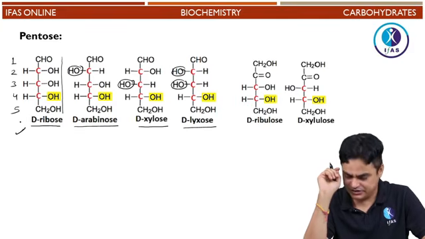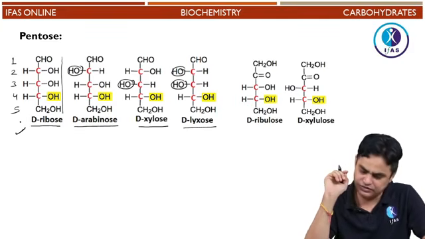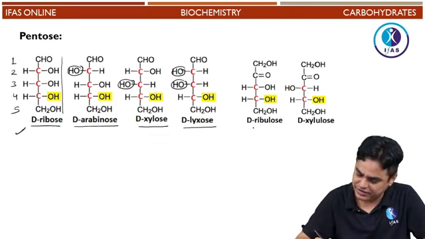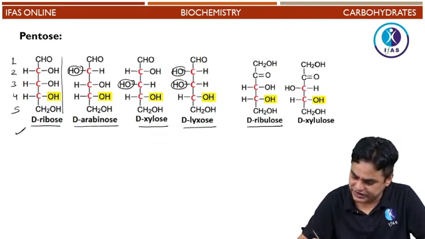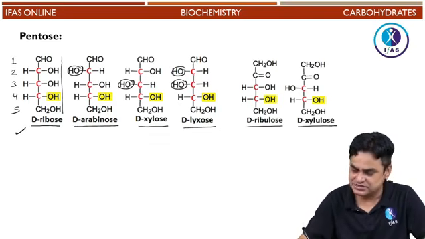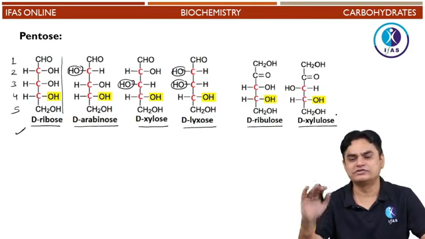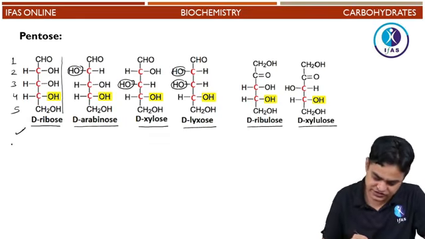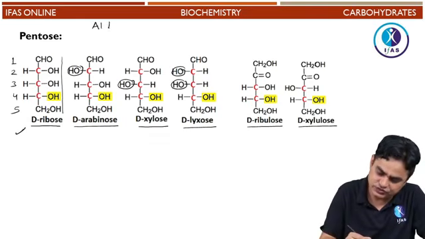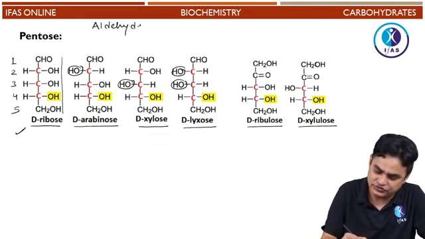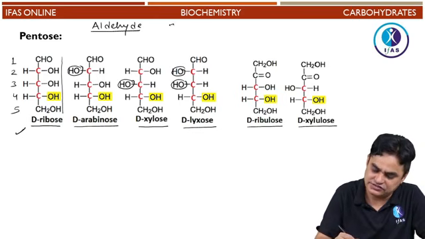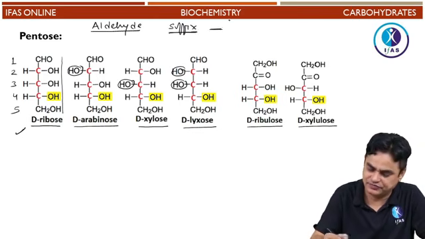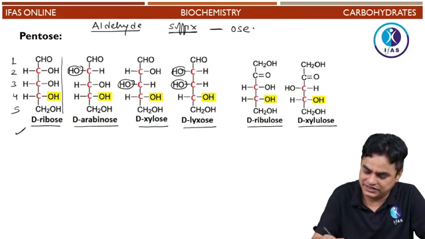Similarly, there are ketonic versions referred to as D-ribulose and D-xylulose. From xylose you get xylulose, from ribose you get ribulose. Generally, for an aldehydic sugar the suffix utilized is OSE.